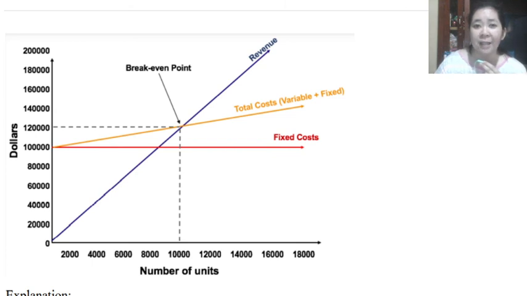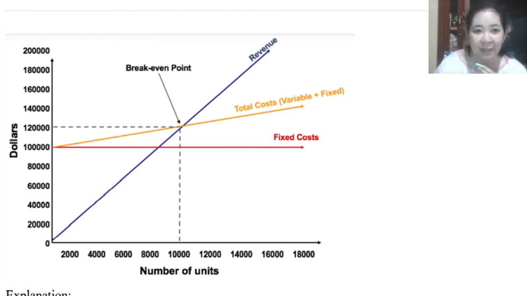So where is our break-even point right here? The break-even point is the point where your revenue line meets your total cost line. You can notice right there, your break-even point is pointing at the intersection between the blue revenue line and the yellow line.